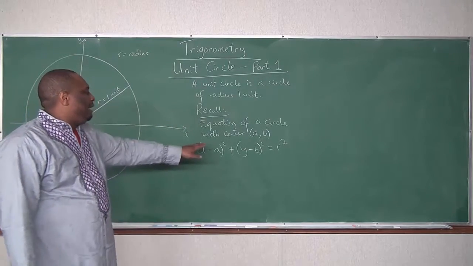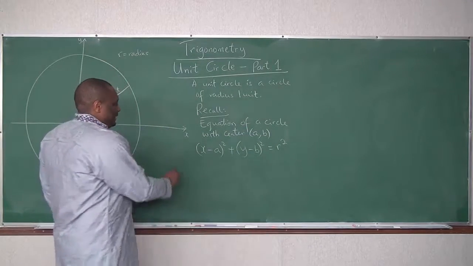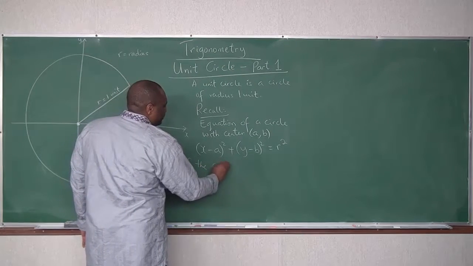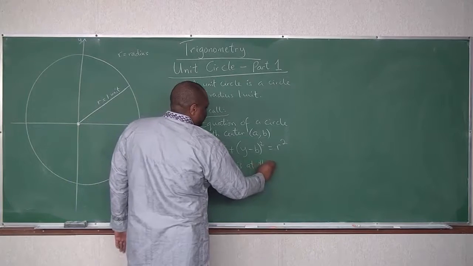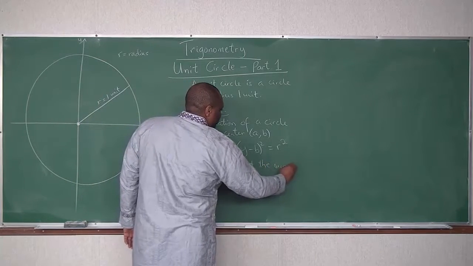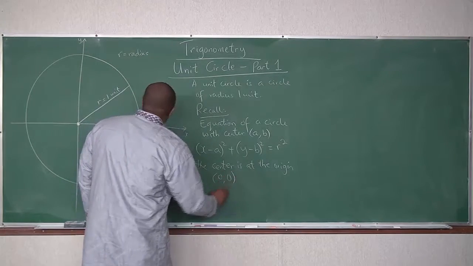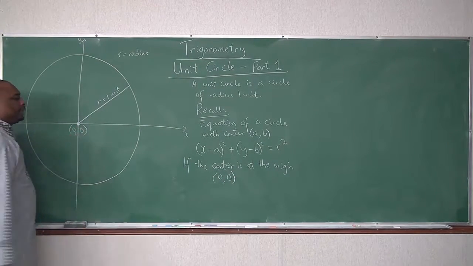Now, when we have a circle with center at the origin, that means it is (0, 0).